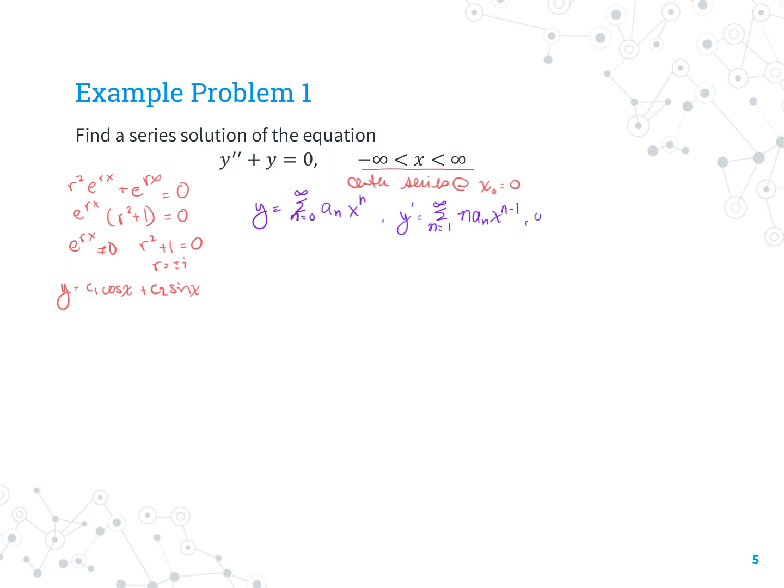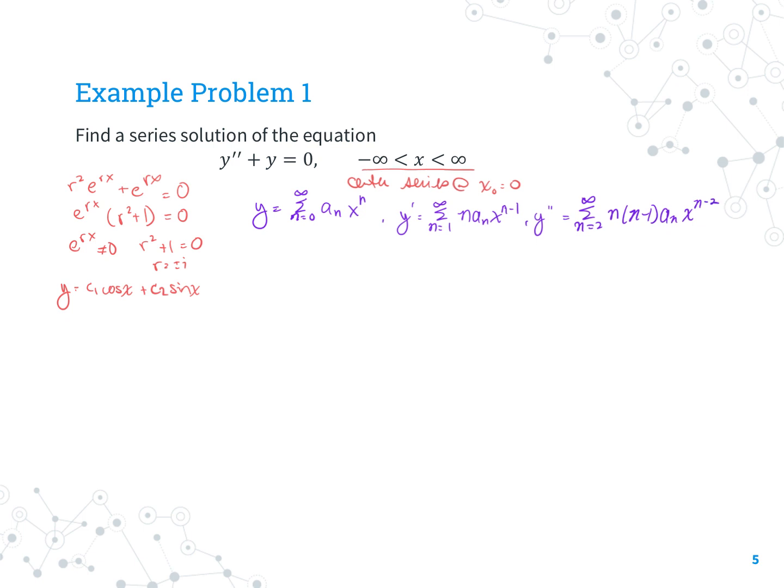So we have then y double prime is now the sum from n equals 2 to infinity. We had to iterate one more time. We had the n before, we now bring down our n minus 1. We still have our a sub n, and now we have x to the n minus 2.